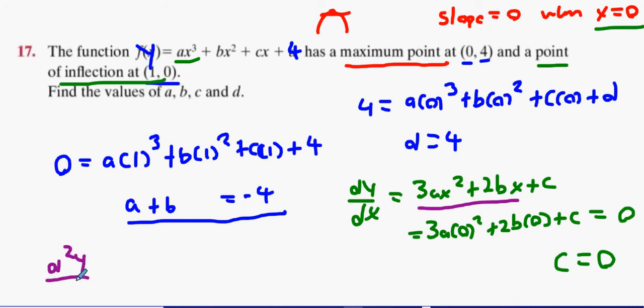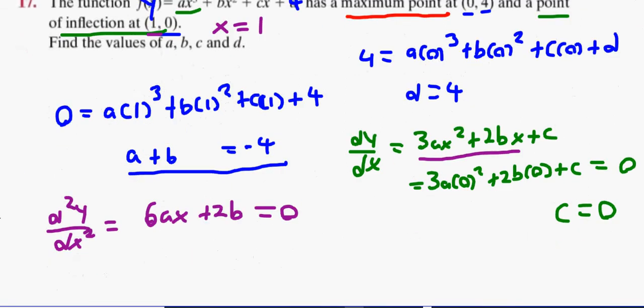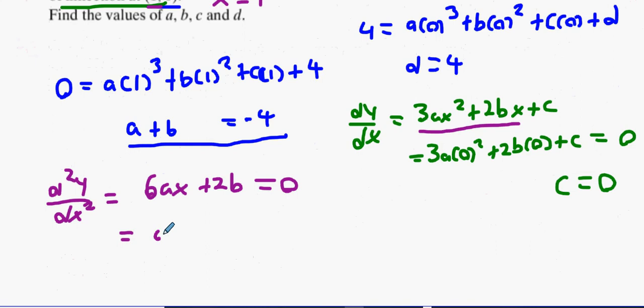What am I going to differentiate it? 6ax plus 2b equals 0 when x is equal to 1. 1, 0. So replace x with 1 and you get 6a times 1 plus 2b equals 0. Now you just simply get 6a plus 2b equals 0.